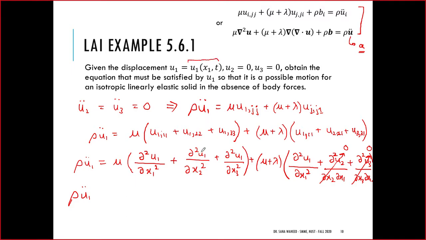So this u1 differentiated with respect to x2 is also 0, and u1 differentiated with respect to x3 is also 0. So the only thing that we are ending up getting, simplifying all of this, is, I guess, lambda plus 2 mu del 2 u1 del x1 squared.